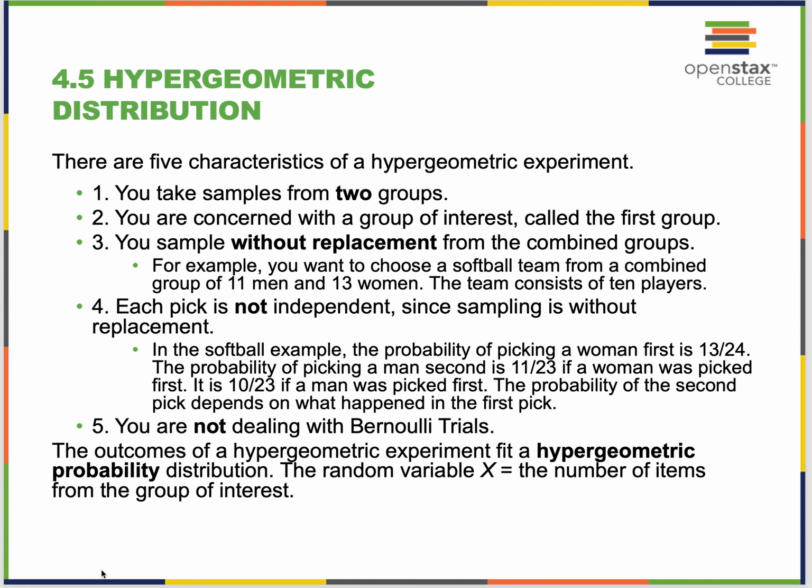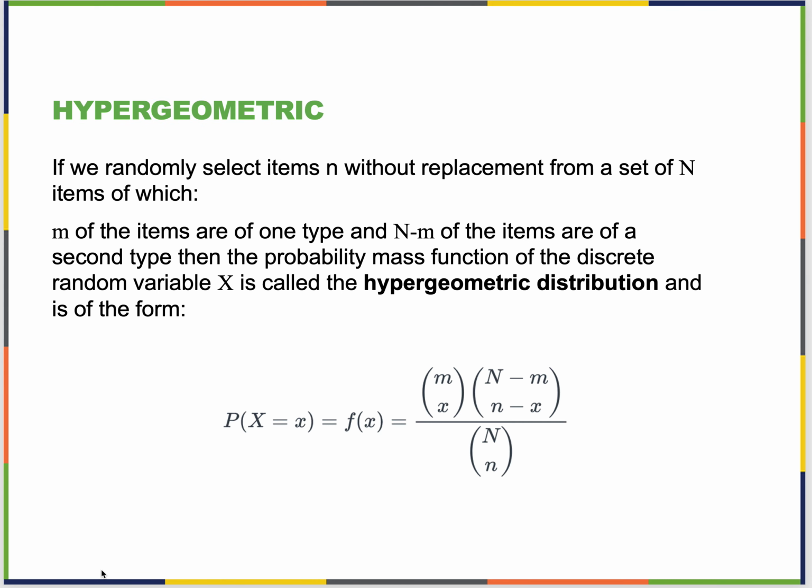You could do this like a diagram, but you're doing it 9 times, so you don't want to draw a diagram. This is not a Bernoulli trial. So the outcomes of the hypergeometric experiment fit a hypergeometric probability distribution where X is the number of items from a group of interest. Well, what does this distribution look like?